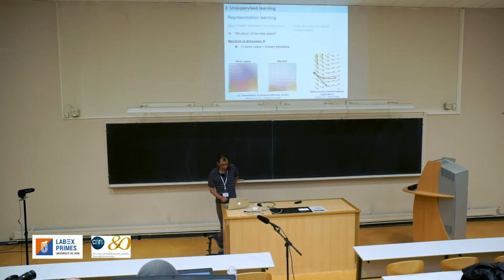So why is this important? Imagine you work with diffusion tensors or strain tensors, and you'd like to interpolate between the bottom left corner and the top right corner, and you may want to see the graduation between this. If you do this linearly, you have this kind of diffusion tensors. If you do this by respecting your nonlinear space, you have a completely different result.